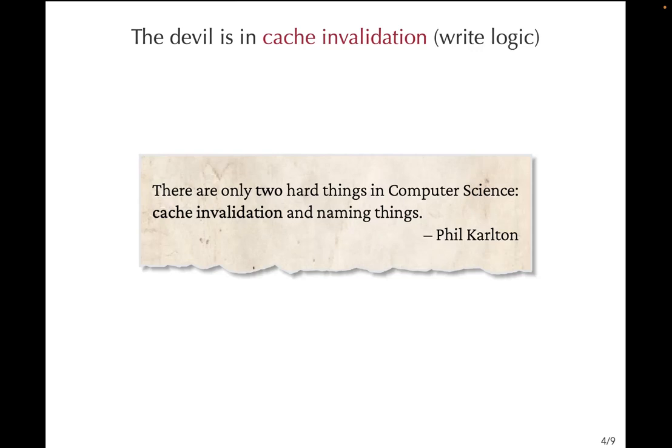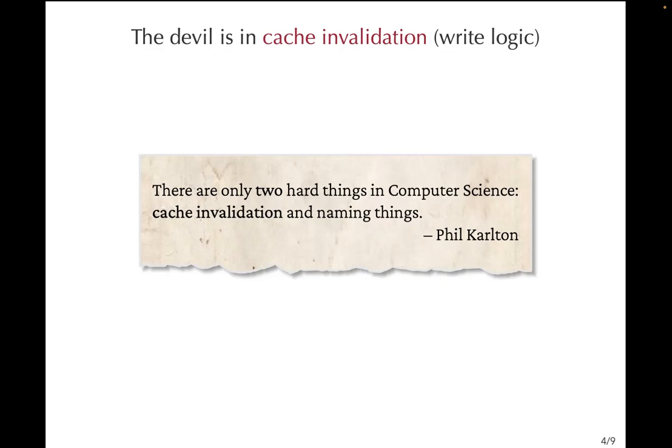I think it's appropriate to put this quote from Phil Karlton, which is well known to a lot of systems people. He said there are only two hard things in computer science: cache invalidation and naming things. So again, here cache invalidation plays a critical role.